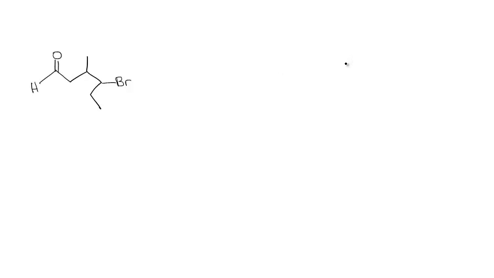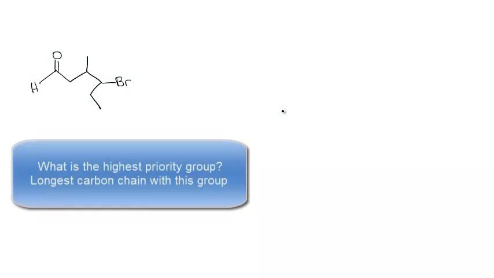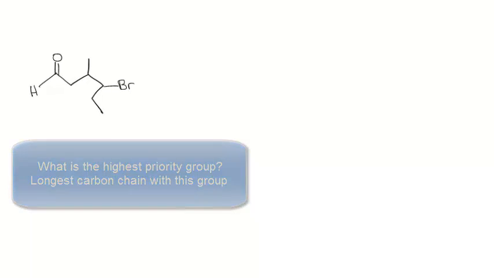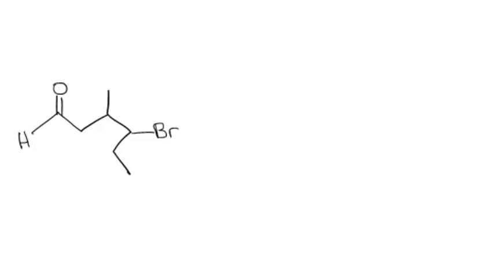Again, the first thing we do is identify the highest priority group and make sure to include this in our longest continuous carbon chain. Our highest priority group here is the carbonyl aldehyde on the left-hand side.